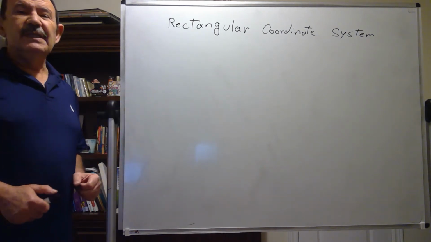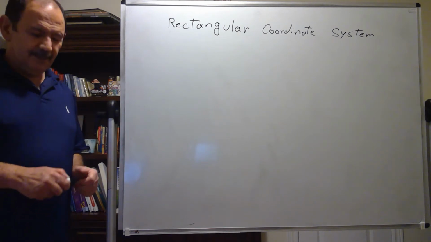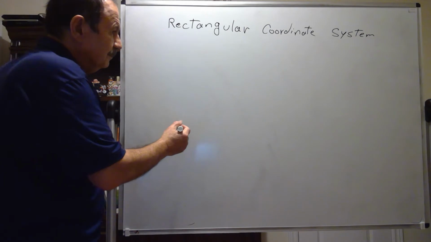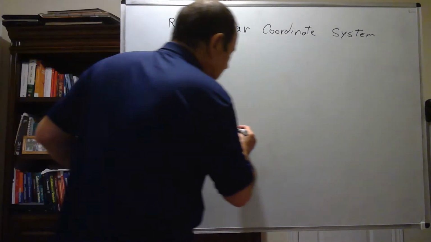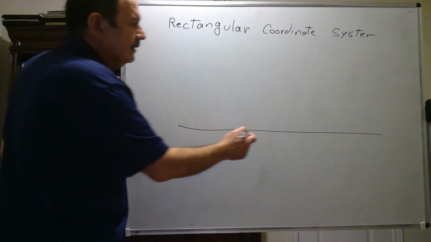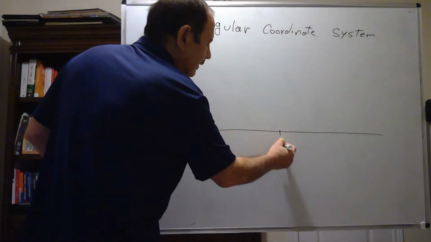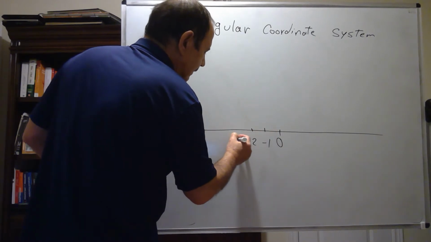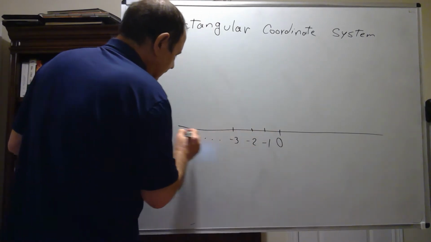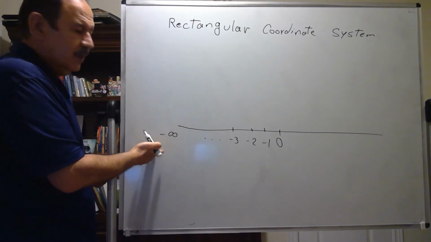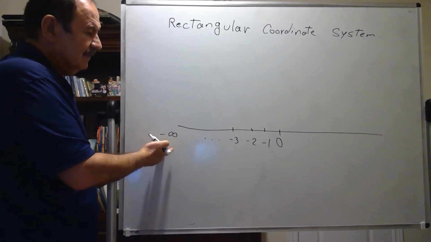Now, how do we work with this system? Do you remember the number line? It was a line on which the numbers are located. If you remember, it started from a very small number that we call negative infinity.